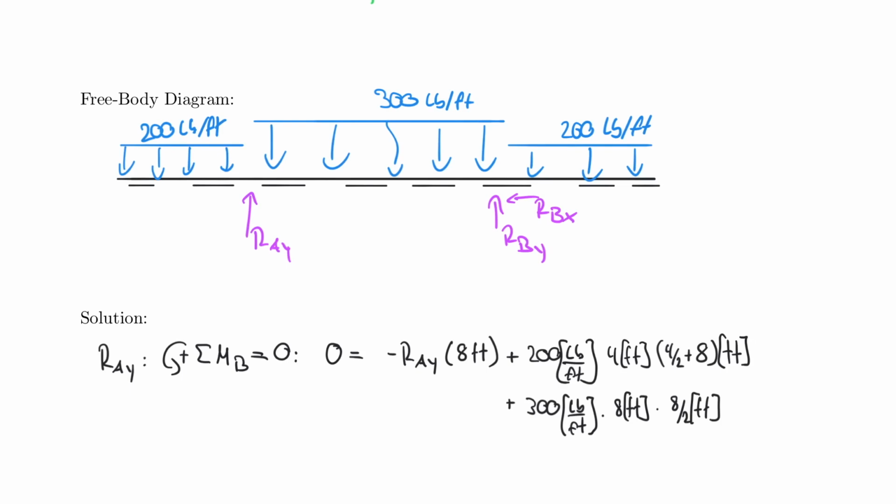And last but not least, I have the 200, and notice that the arrows are pointing downwards just as they did over here. But now, because this is to the right of the support, I turn clockwise. Therefore, it's a negative component. So I have minus 200 pounds per foot, and that is also acting over 4 feet lengths.